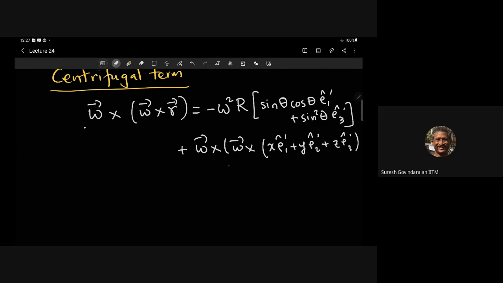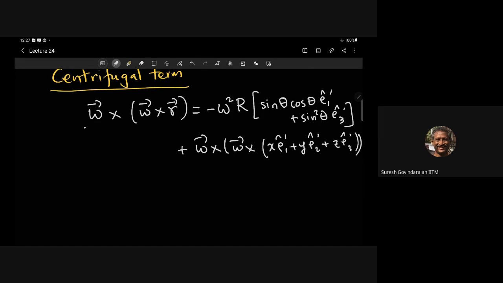Since we are in frame O prime, we will write everything in terms of X, Y, and Z. But now what we see is that the first term does not depend on anything. It's just a feature of where we are on Earth. It only depends on latitude.